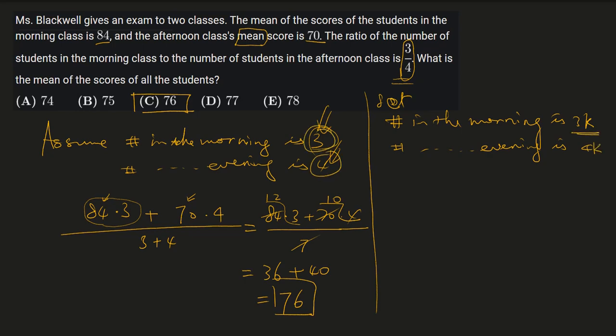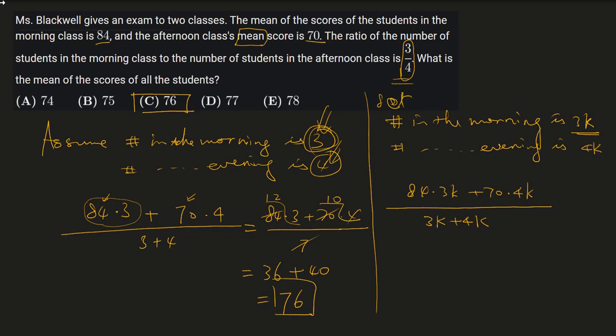So they can be any multiples of 3 and 4. Then we'll still do the same thing. We'll have 84 times 3K plus 70 times 4K. This is the sum of the scores of all students. And then we divide this number by the total number of students, which is 3K plus 4K. That will give us the average score.